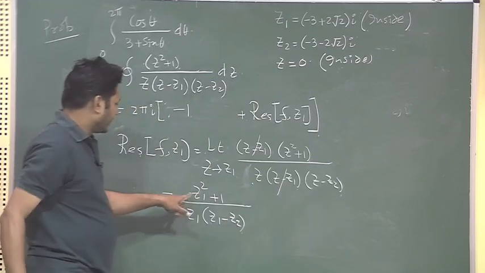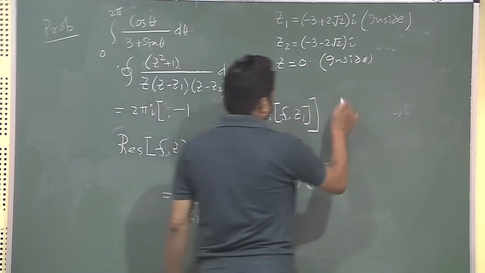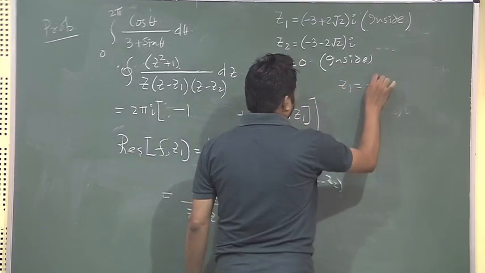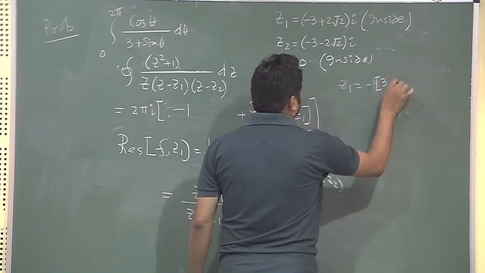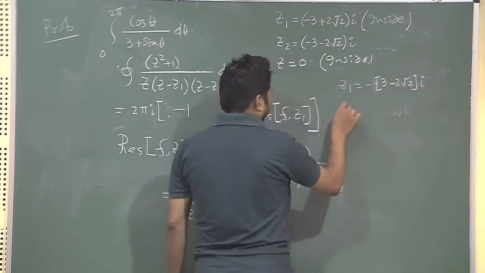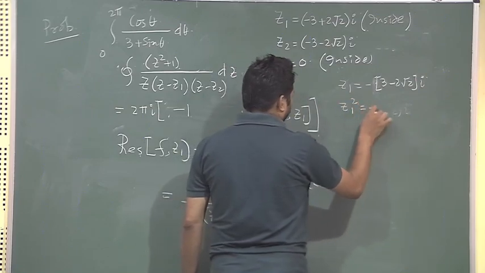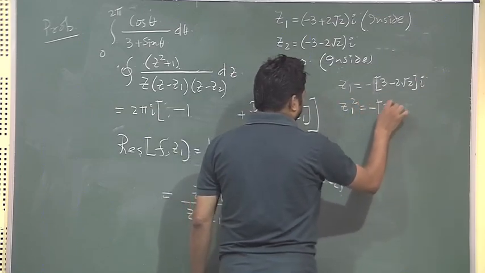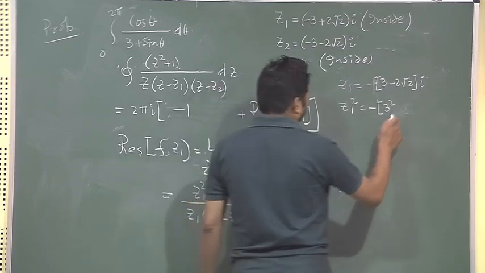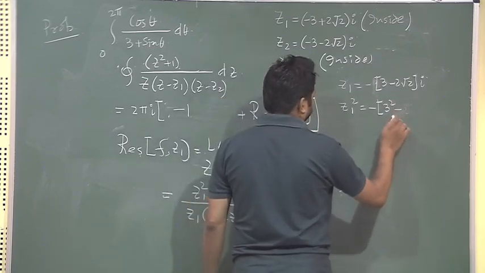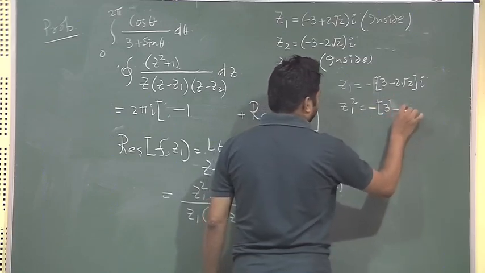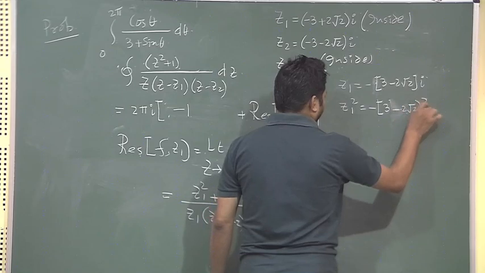So, let us calculate here. So, z1 square is how much? z1 was minus of 3 minus 2 root 2 I. So, z1 square is minus of 3 minus 2 root 2 square of that.